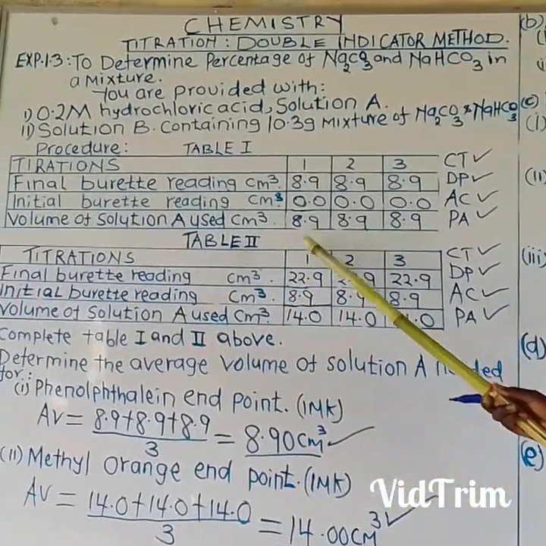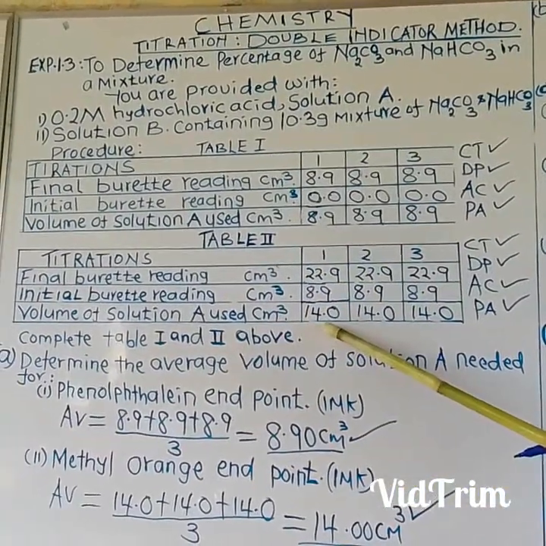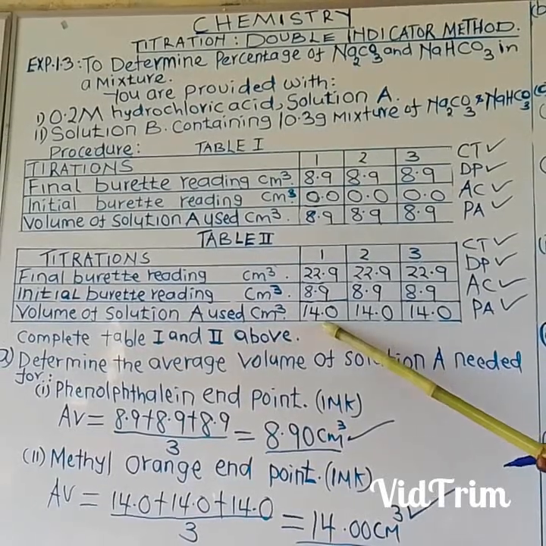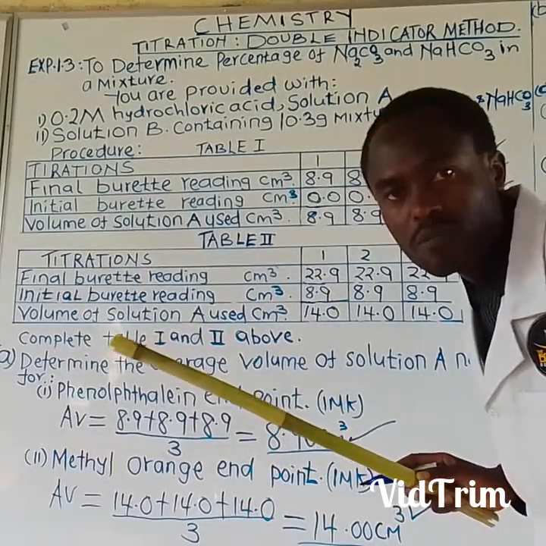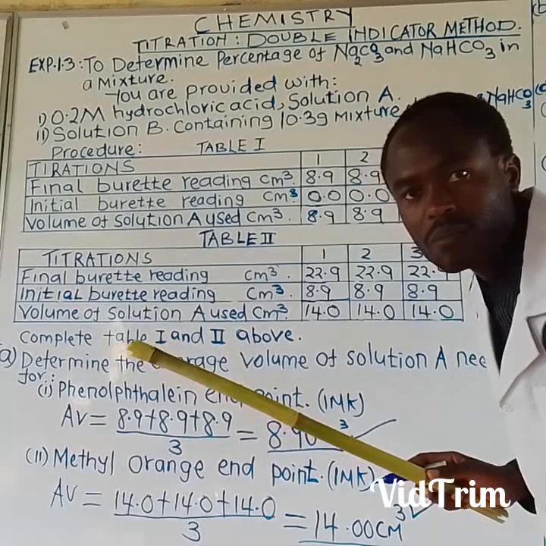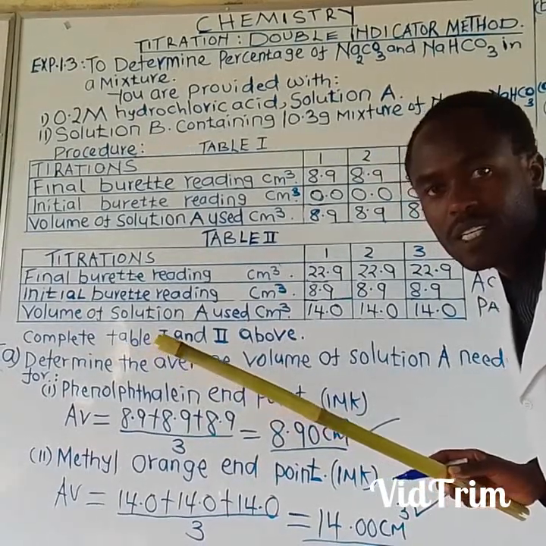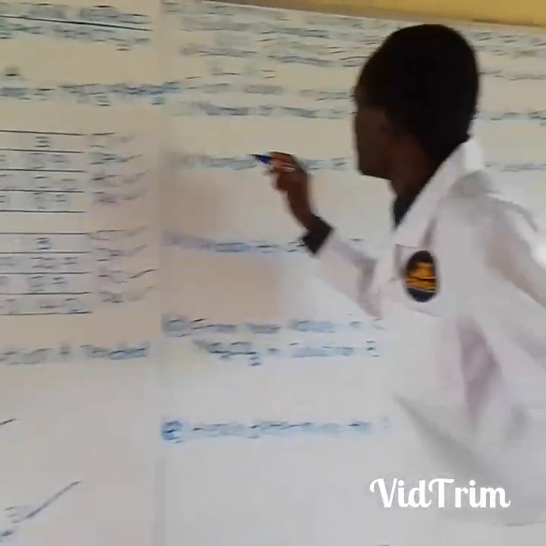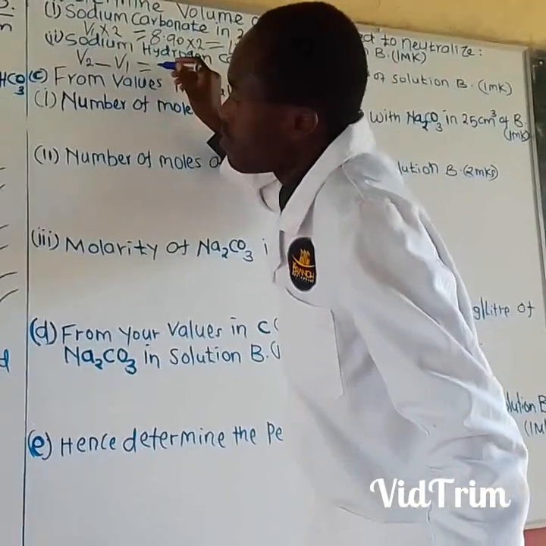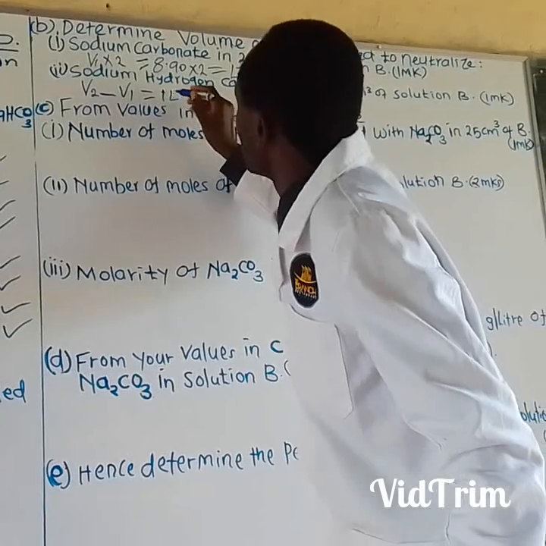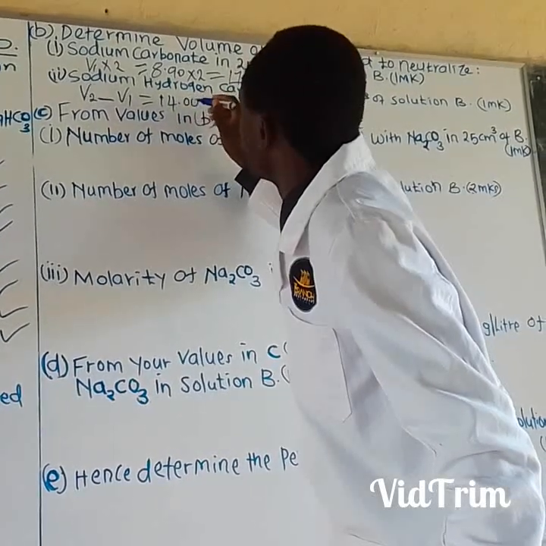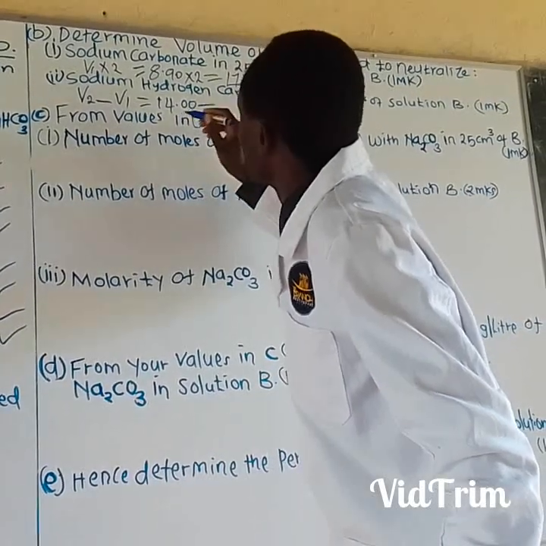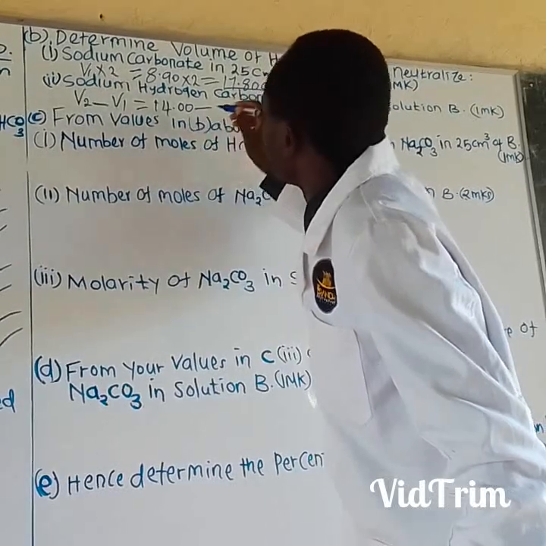So the average volume in table 2 becomes our V2. Is it okay? So let us go back slowly. So our V2, the average volume, is 14.00.